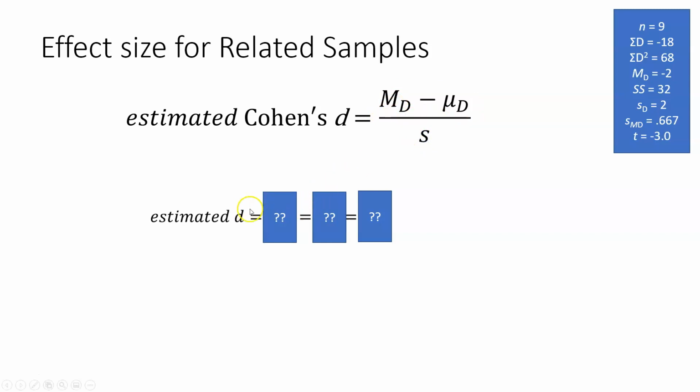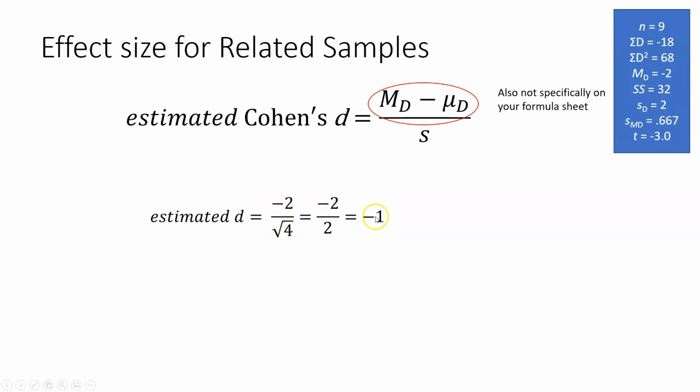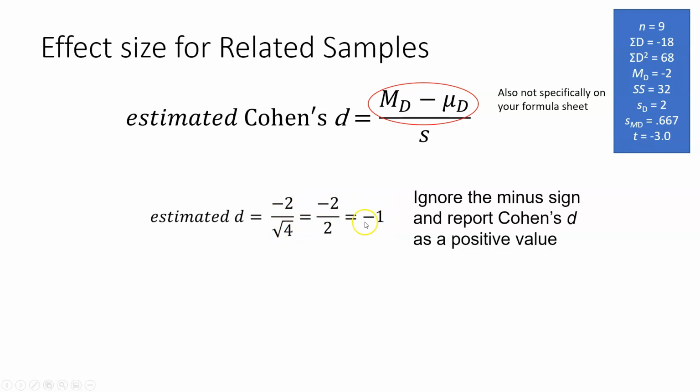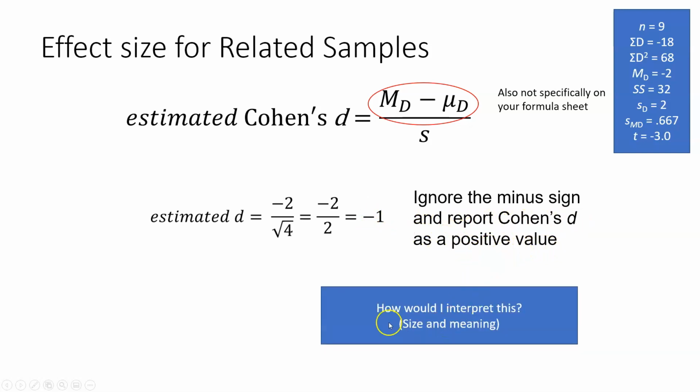So to compute our d, we take the mean difference, that's -2, and we divide it by the standard deviation, that is 2. And so we have -2 divided by 2, which equals -1. Now, whenever you find a negative Cohen's d, you ignore the minus sign and just report the Cohen's d as a positive value. So how would I interpret this? We've got a value of 1 here.